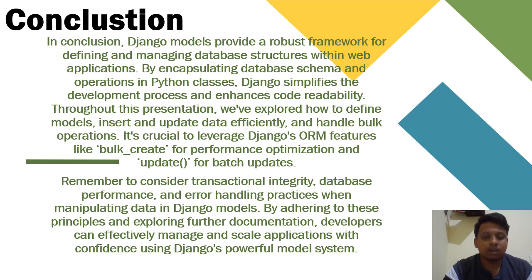Through this presentation, we learned the definition of models, insertion, updating, and handling bulk operations. These are crucial Django ORM features, where we use bulk_create for inserting multiple records, and update for updating multiple records in batches. Django models are used for many purposes, and another important thing is insertion and updating of data. Thank you.